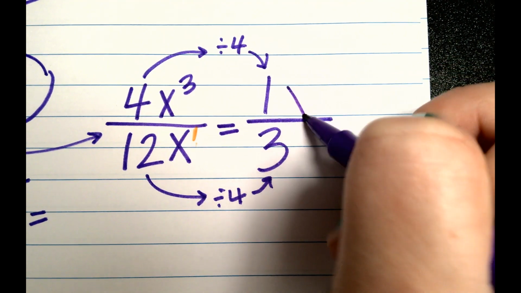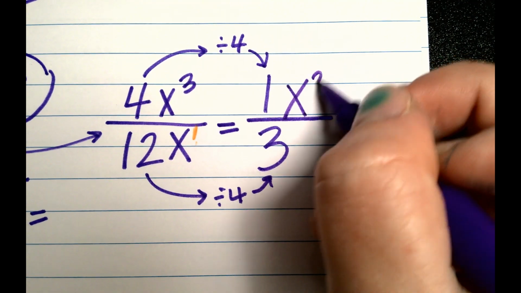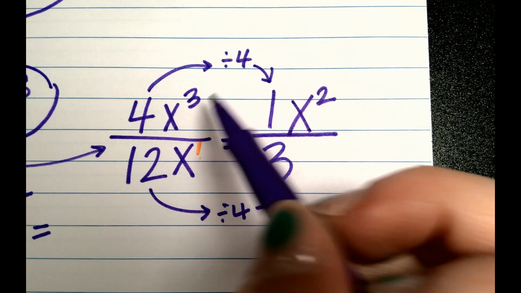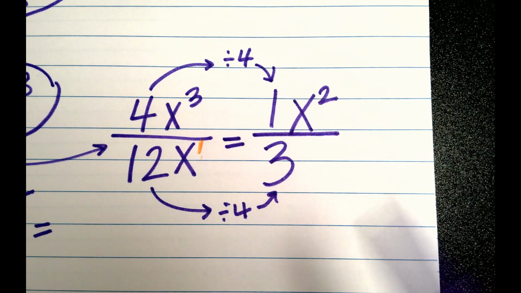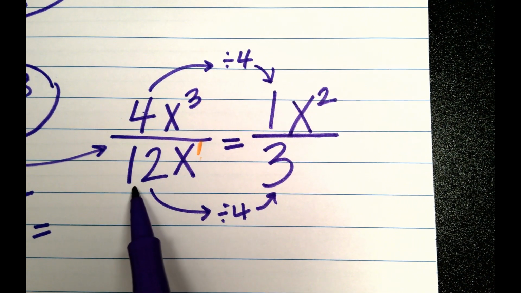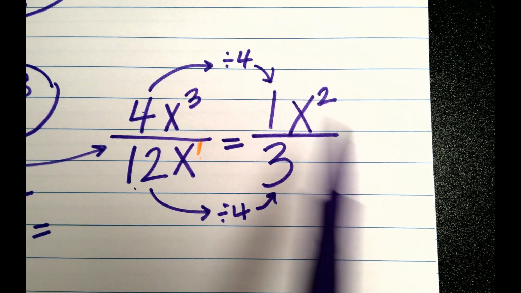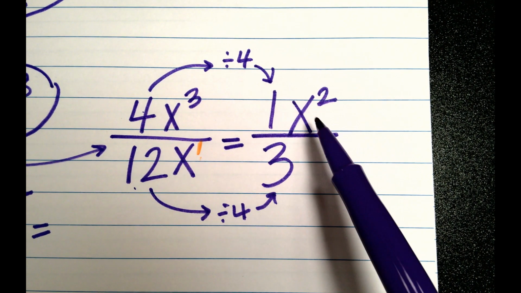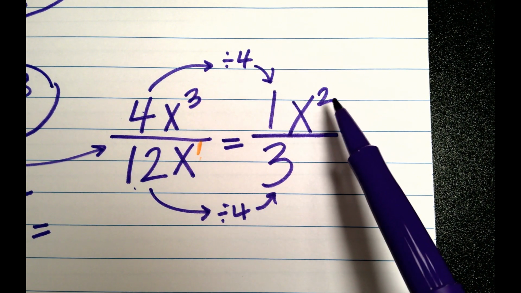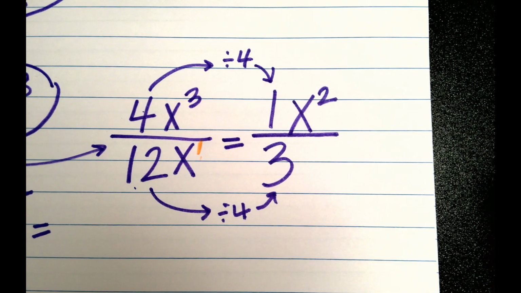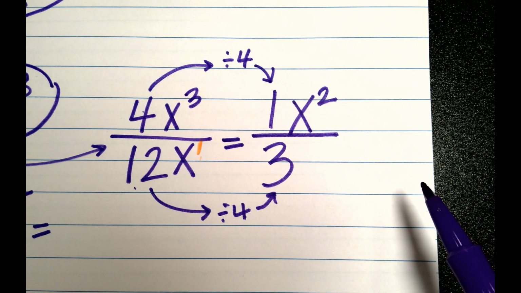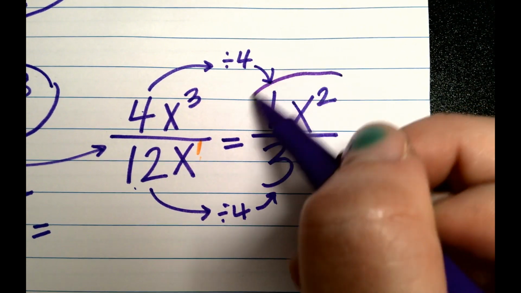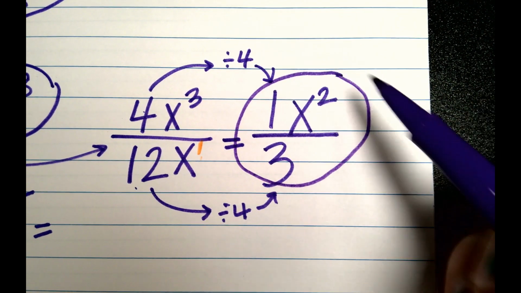So we have x squared, x to the second power. So we really did 2 different steps. 4 over 12 gets us 1 over 3. x to the third divided by x to the first, 3 minus 1 is 2. It's a little tricky, but we do get there. This would be our answer.